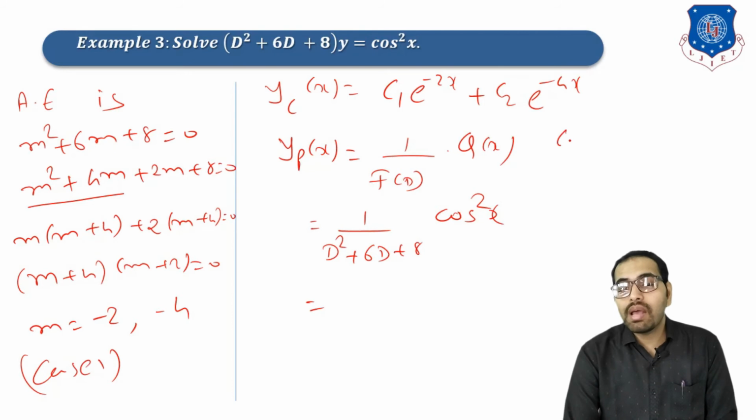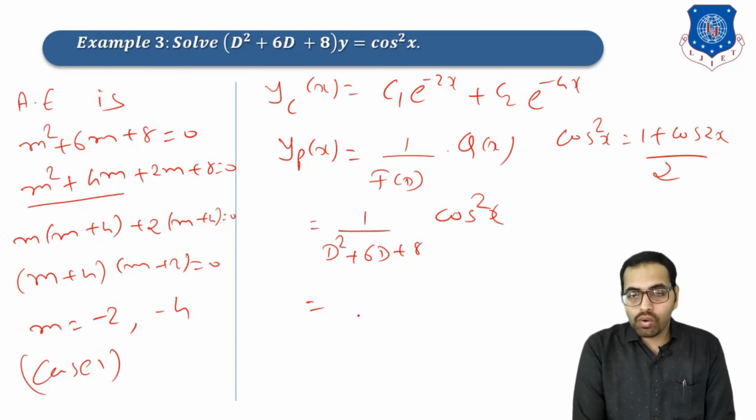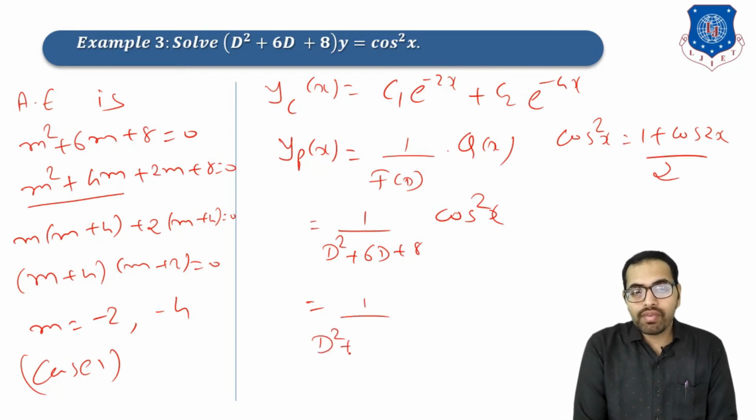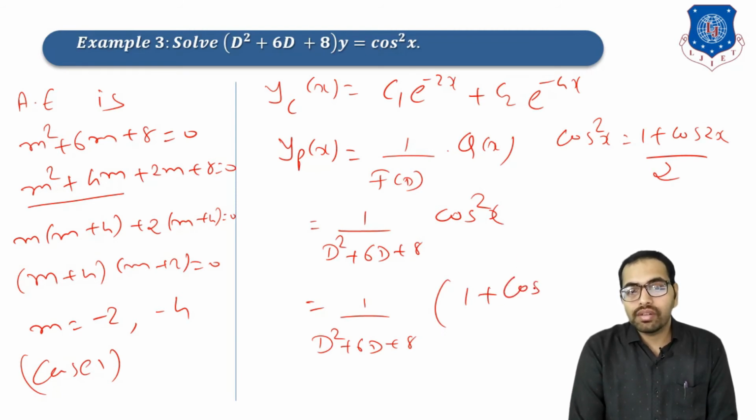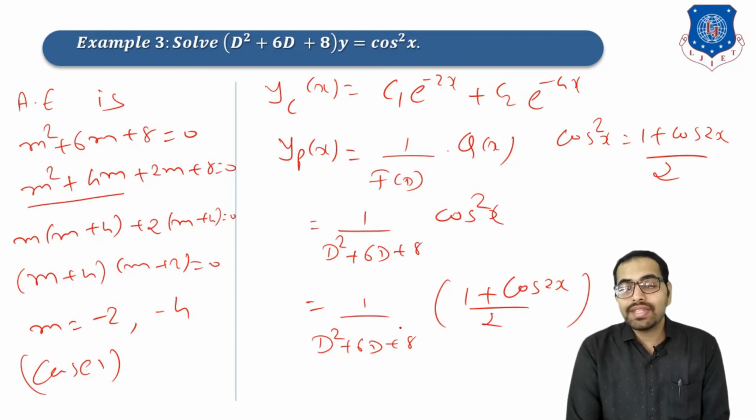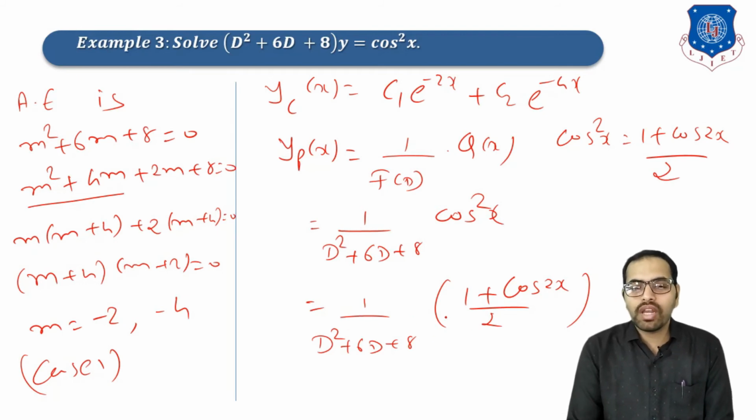For that, with the help of the trigonometric formula cos² x = (1 + cos 2x)/2, we apply this formula, (1 + cos 2x)/2, and simplify that term according to the properties of linearity, giving each individual term.